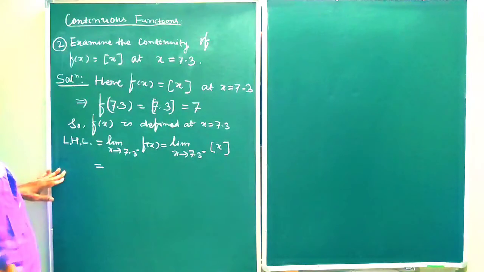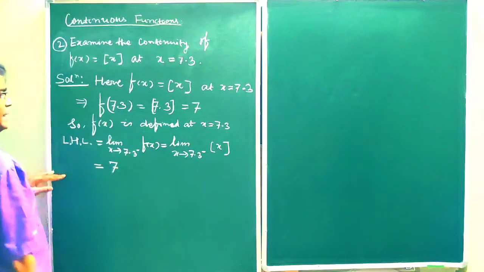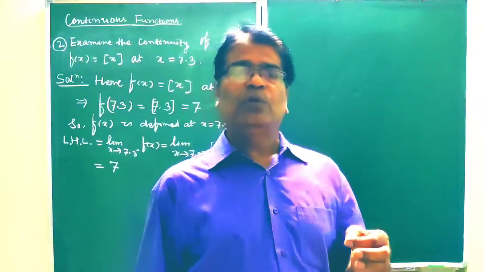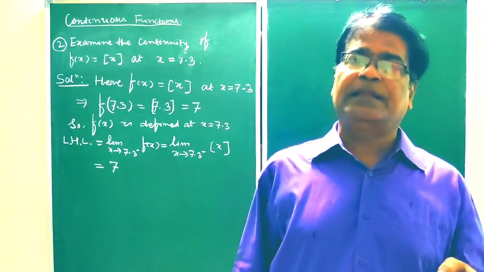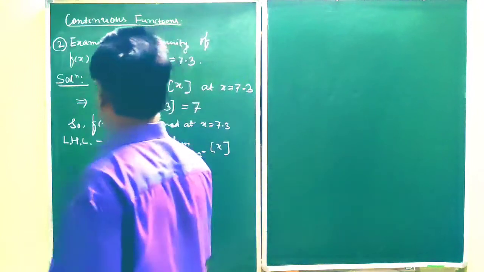This is equal to 7. Because 7.3 minus is a value which is slightly less than 7.3. So the square bracket of that value will be 7.